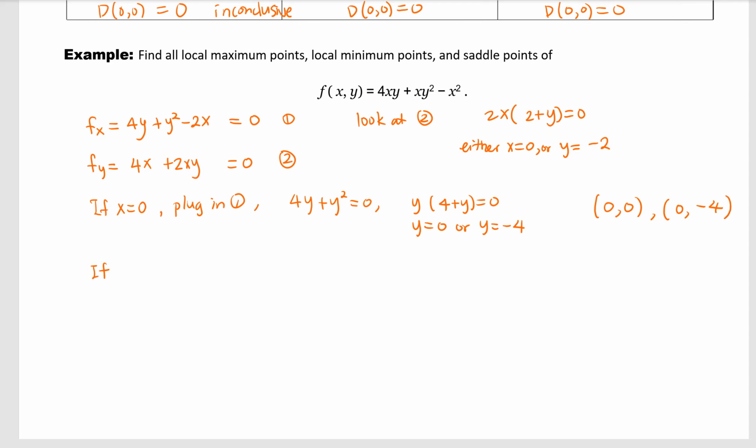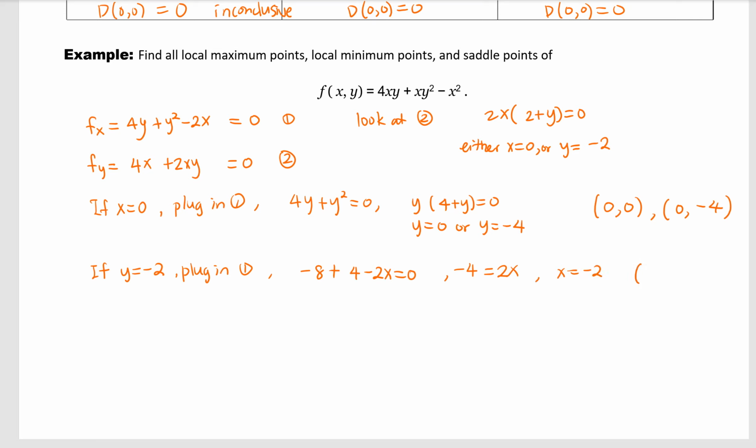If y equals minus 2, then we plug into the first equation. We get 4 times minus 2, which is minus 8. Minus 2 squared is 4, minus 2x equals 0. Move 2x to the other side: minus 8 plus 4 is minus 4, so x is minus 2.